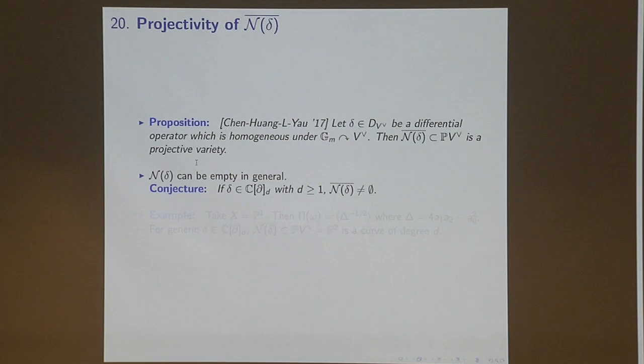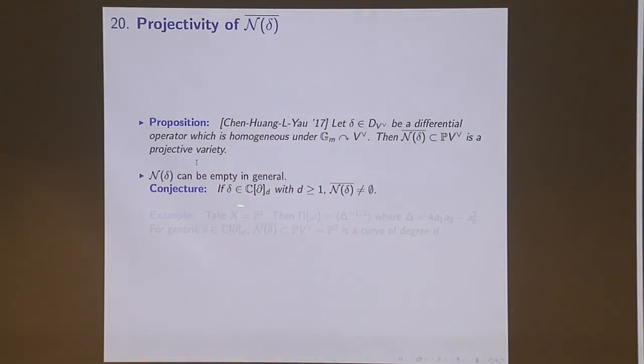Okay, so what can you say about this variety? Again, in general, not much yet. This is still a topic that is in a very nascent development. Disappointingly, in general, this variety could turn out to be empty.